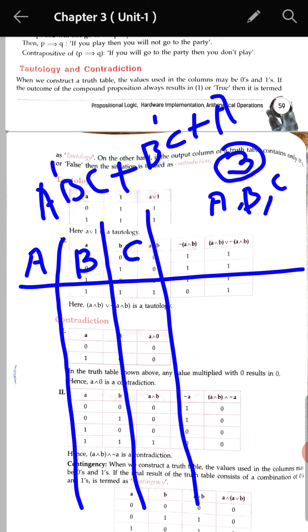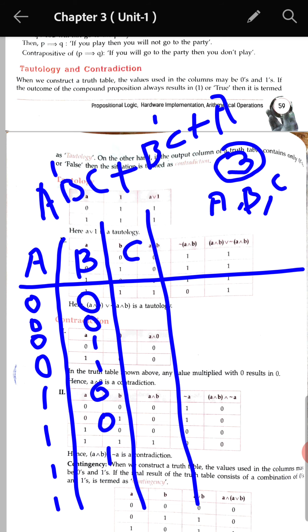And for three variables, I already told you, in octal we had created it. What we have to do: 4 zeros, 4 ones, 2 zeros, 2 ones, 2 zeros, 2 ones, 0 1 0 1 0 1 0 1.